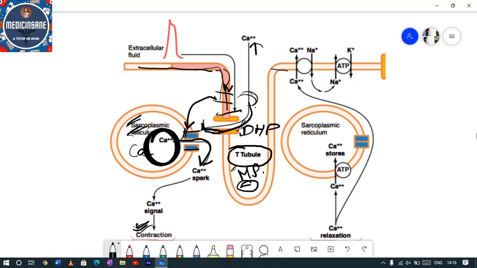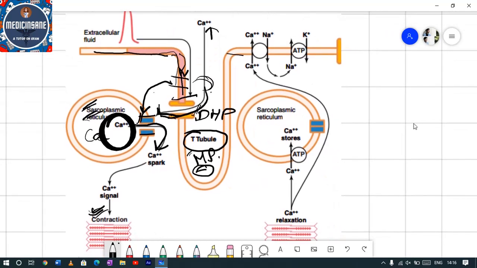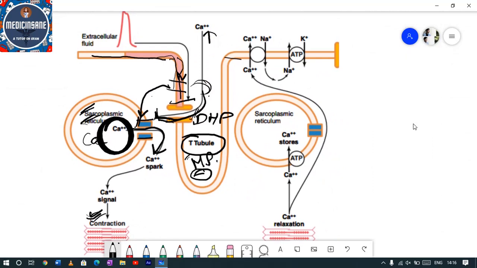Now, what happens when there has to be relaxation? For relaxation to occur, the calcium which is present in the sarcoplasm is going to go inside the sarcoplasmic reticulum. This happens in the skeletal muscle. Now, since the calcium during contraction had come from the extracellular fluid, it has to go back to the extracellular fluid, and this occurs with the help of the calcium sodium exchanger as well as the calcium ATPase pump.